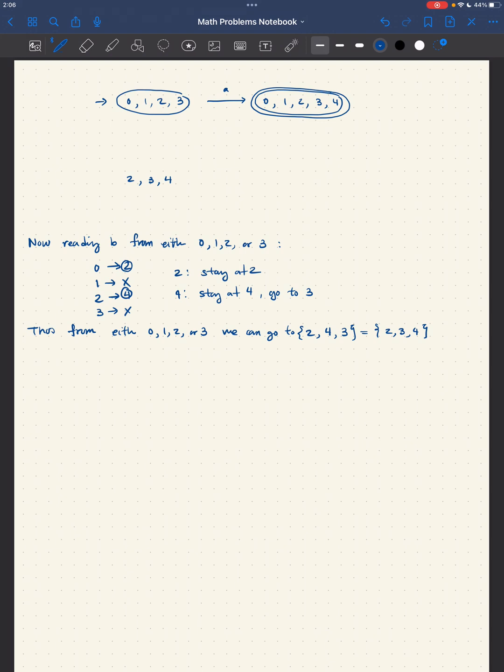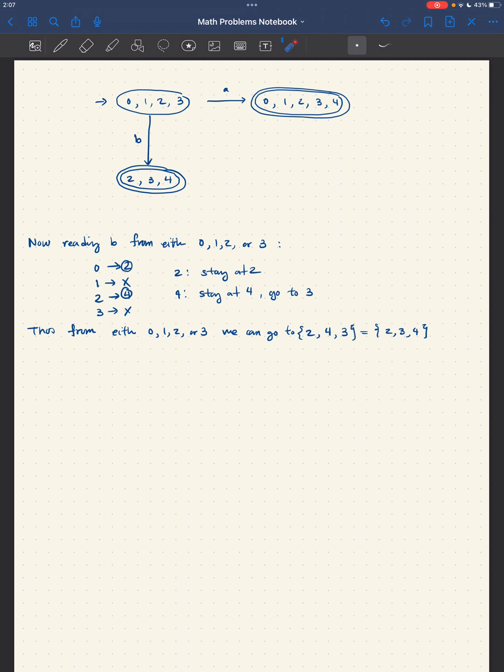Now this state is supposed to be final because it contains a 4, so we'll just mark it down as a final state. And in this diagram, we go there by reading a B. Okay, now we're done processing the state. We only have the symbols A and B, right, to begin with.